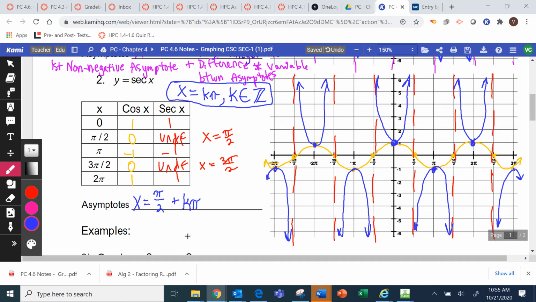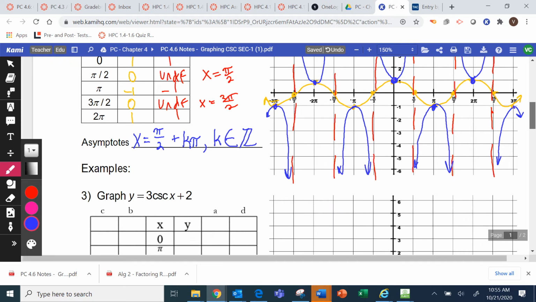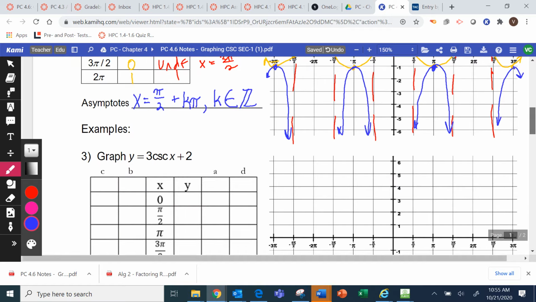I do also need to say that k is an element of the integers. K is an integer. And then we're done. And then we add on transformations.